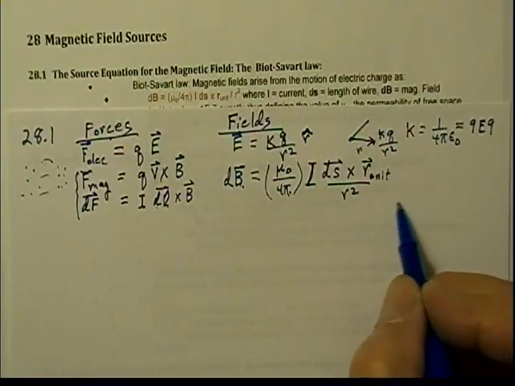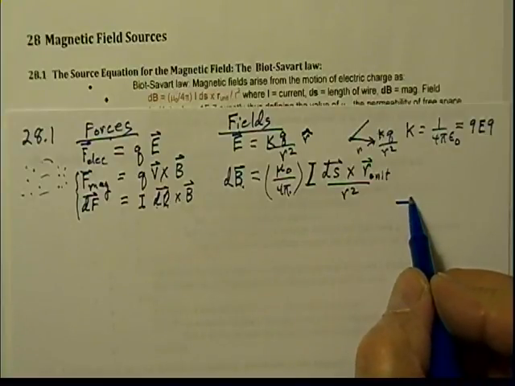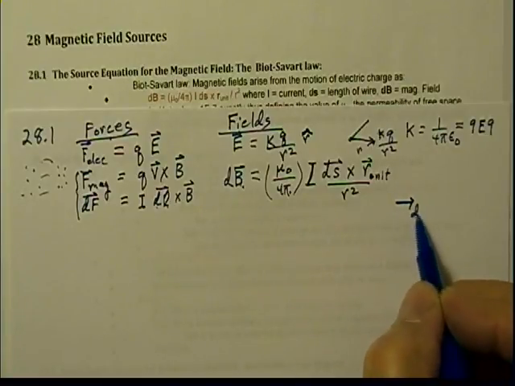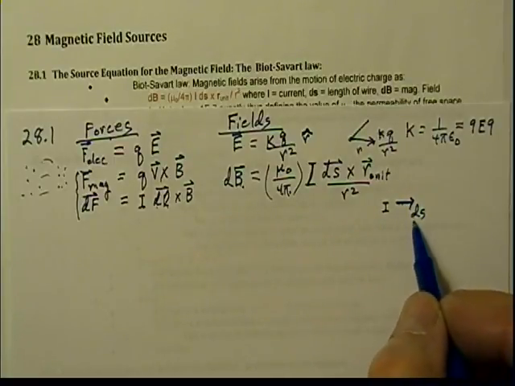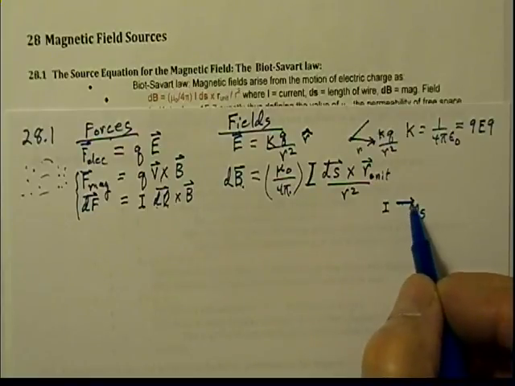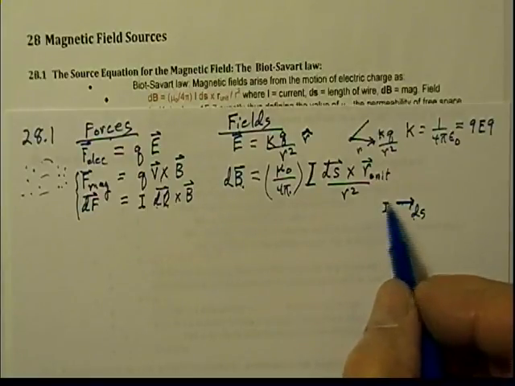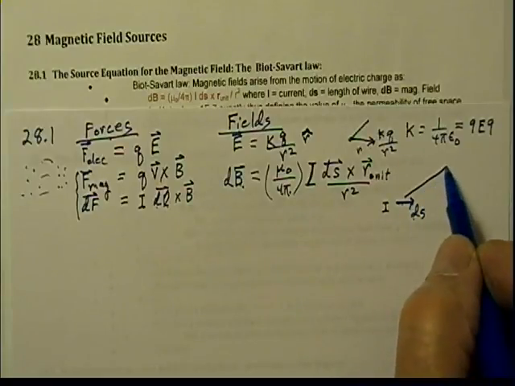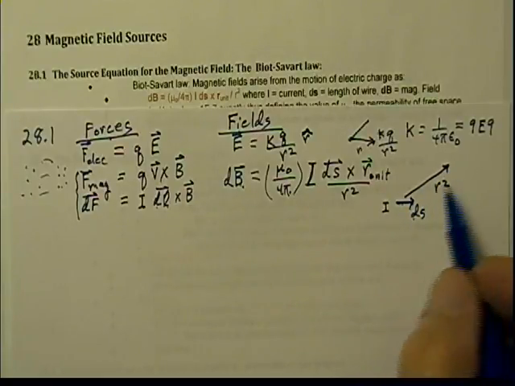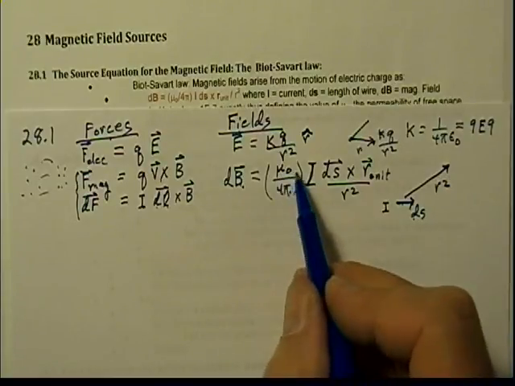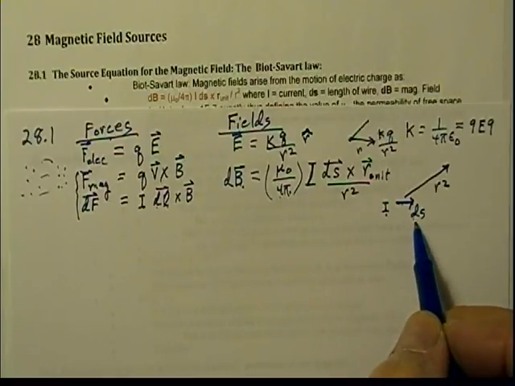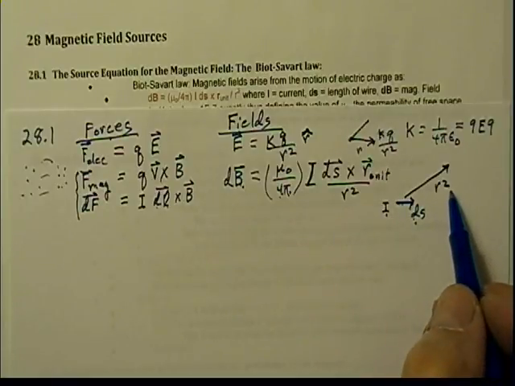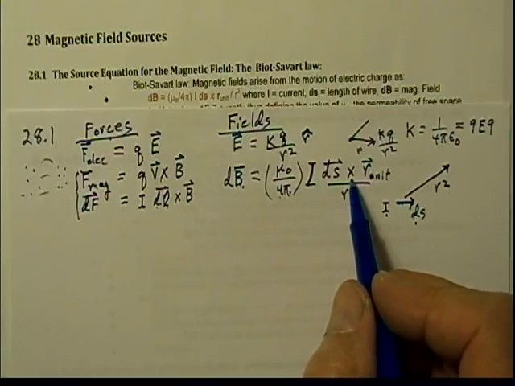Well, that means that if I have an infinitesimal little segment here, ds, and it's handling a current I that's flowing in it, it's of length ds, which is infinitesimal, and the length points in the direction of the current, then if I go away a distance r and look at the magnetic field that would arise from that, it will be mu naught over 4 pi times the current times the amount of length divided by the distance squared. And you'll notice that this is a cross product.